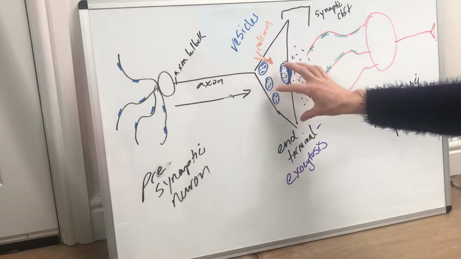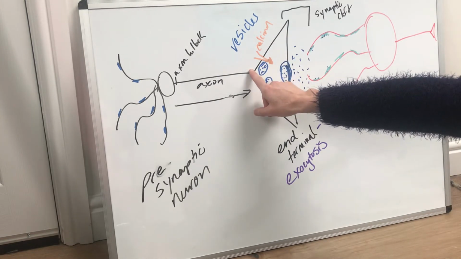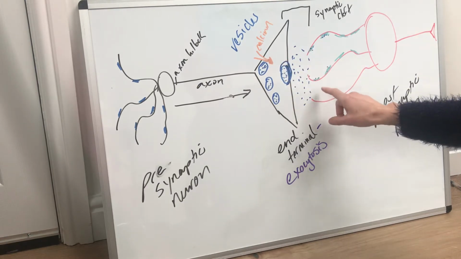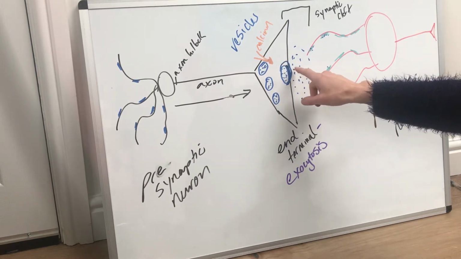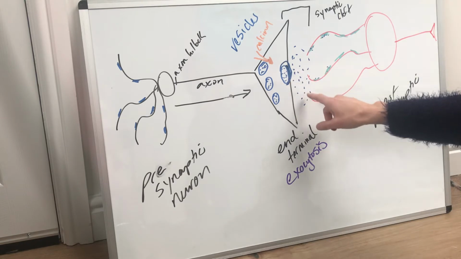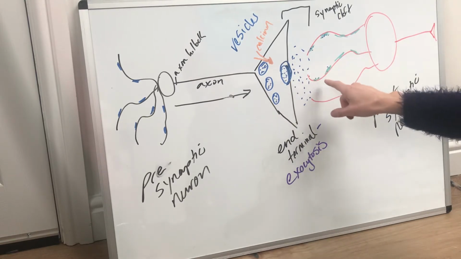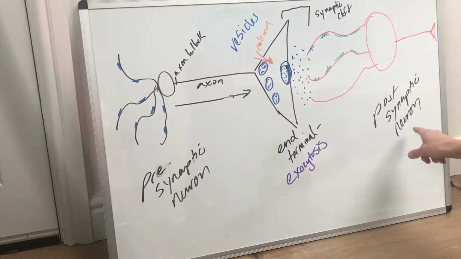So this is a transduction of an electrical signal into a chemical one right here. Now, the neurotransmitter is going to diffuse across the cleft, and it's going to hook into the receptors on the dendrite of the postsynaptic neuron. And again, that follows the same lock and key idea that you've had from all of your other biology classes.